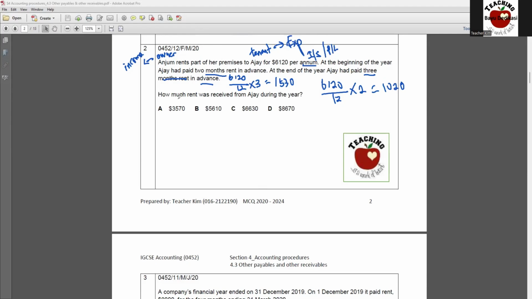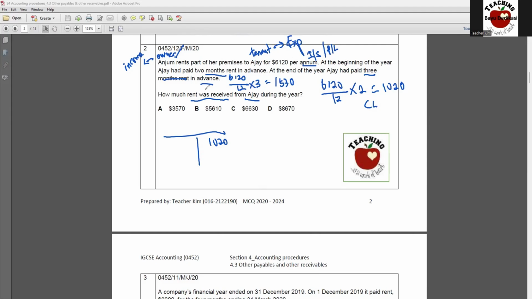So now the question is, are they talking about Arjun or AJ? We look at the last sentence. How much rent was received from AJ? Rent received is an income account, from the owner's point of view. Income account, if paid in advance, is a liability. So 1020, this is a liability, current liability.